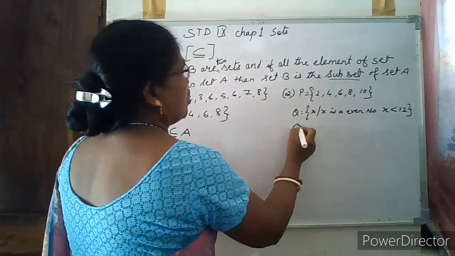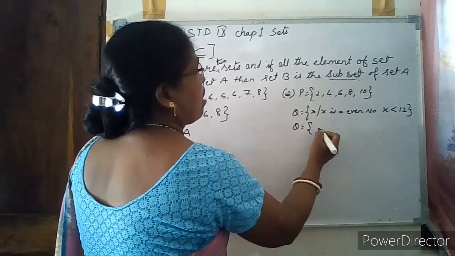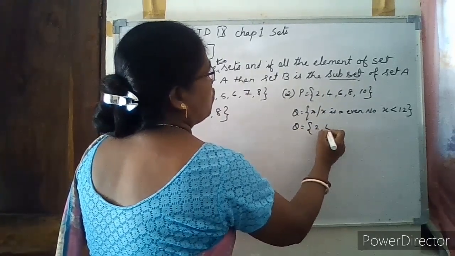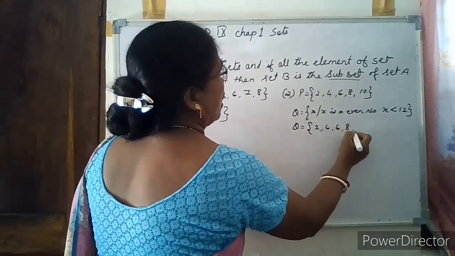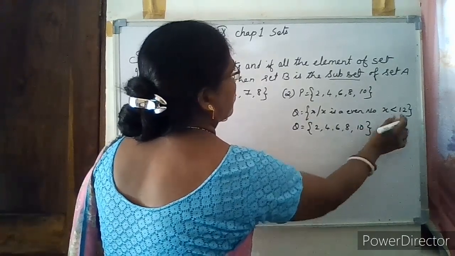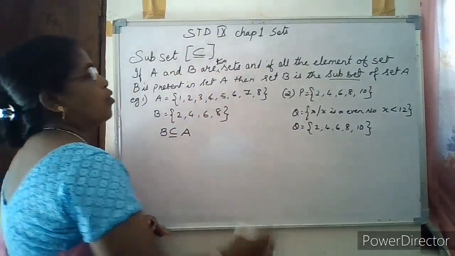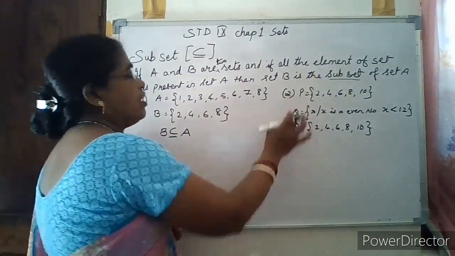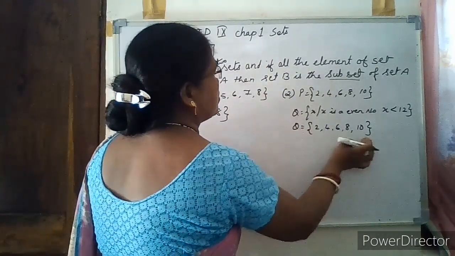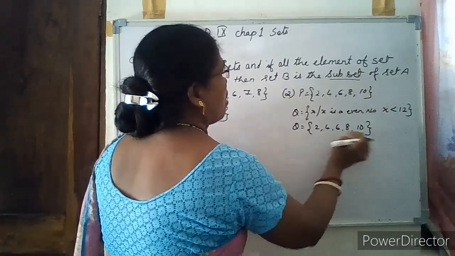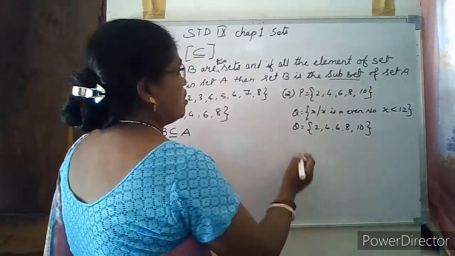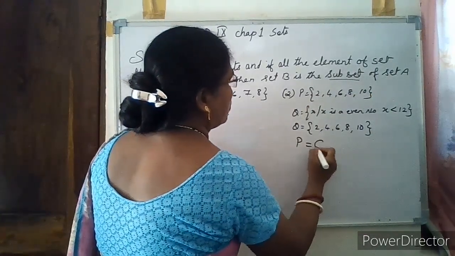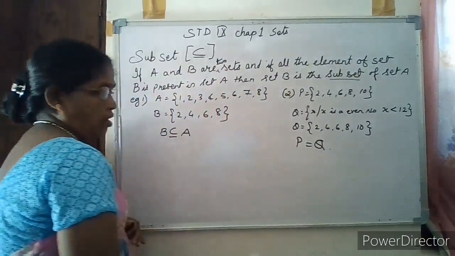That means Q contains the elements 2, 4, 6, 8, 10. Now, previously you have learnt about equal sets. In this second example, set P and set Q have the same elements. Therefore, set P is equal to set Q here.